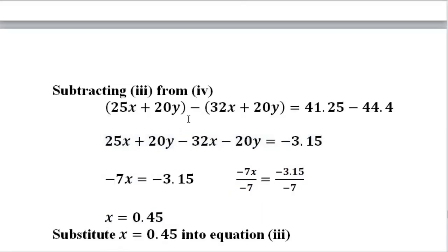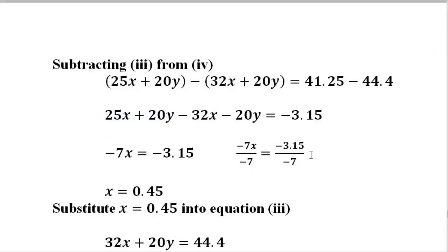So next step is to multiply this negative sign by positive 32x and positive 20y. We get positive 25x, positive 20y, negative 32x, and negative 20y equals subtracting 44.4 from 41.25, we get negative 3.15.